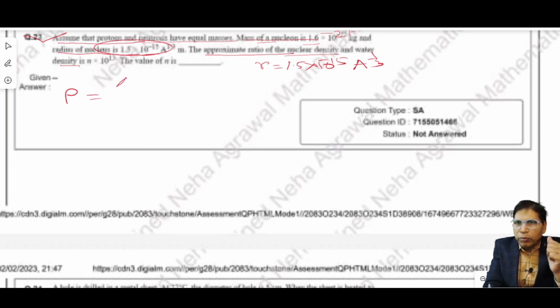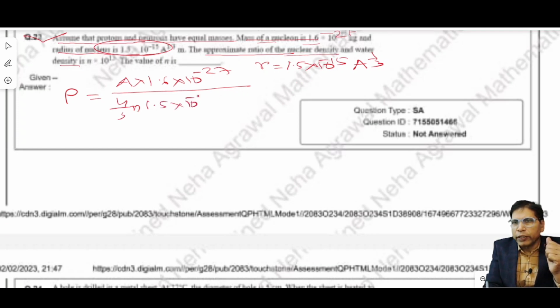Suppose the mass number is A. Then rho equals A into 1.6 into 10 to the power minus 27, whole divided by 4/3 pi R cube. So R cube means 1.5 into 10 to the power minus 15, whole cube, this into A. Now A cancels out.